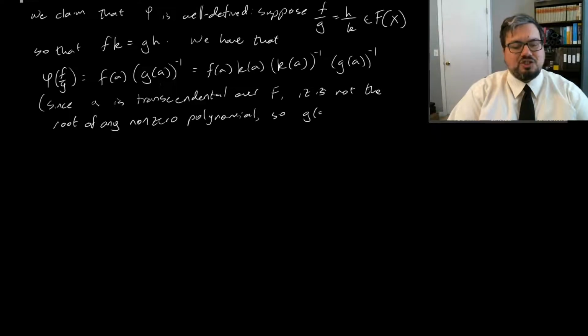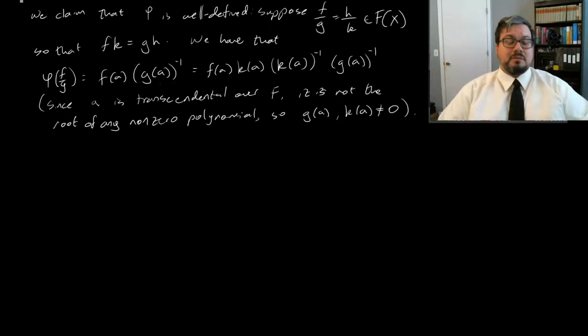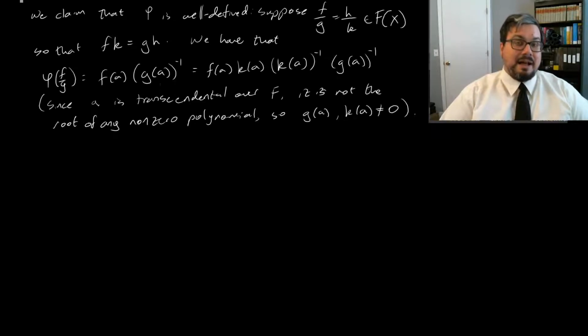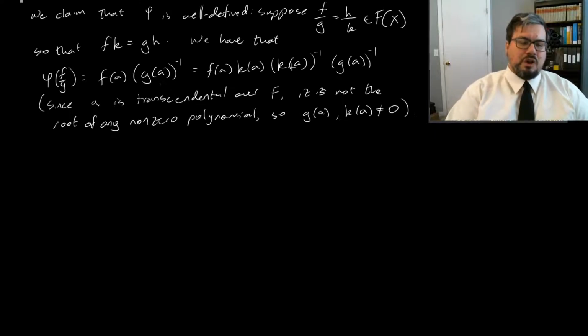So that means that g(a) and k(a), in this case, are both not equal to 0. Because g and k are not allowed to be 0 inside the field of fractions F(x), and therefore, since they're not the 0 polynomial, when you evaluate them at a transcendental element over the field F, you don't get 0. So that allows all of this to work.